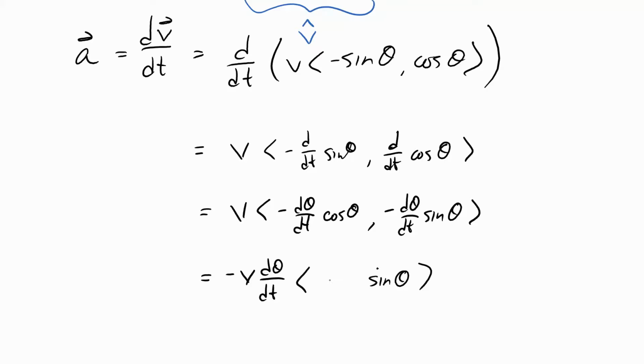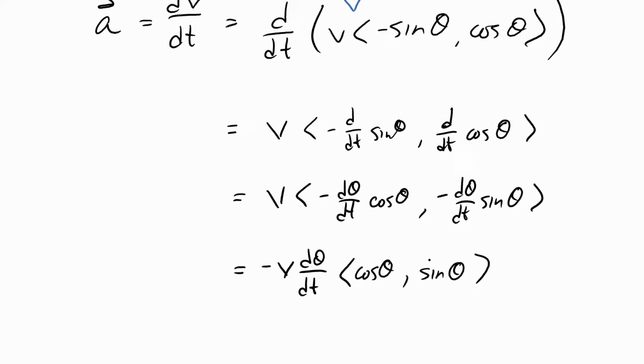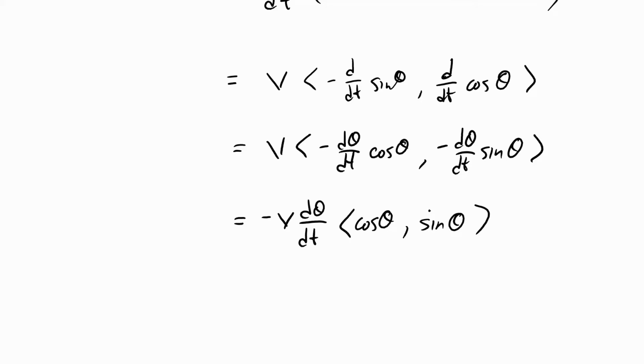Writing is hard. If you need to pause and do the math step by step, please by all means do. Or just believe me and see where you can go with this. This is thus my acceleration.